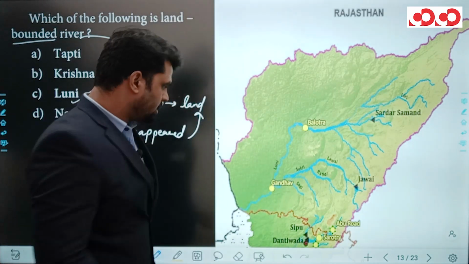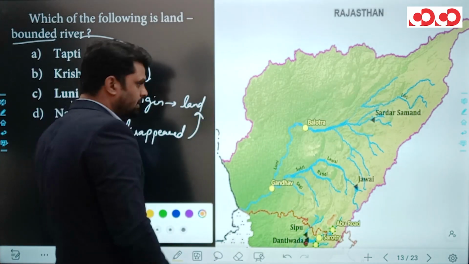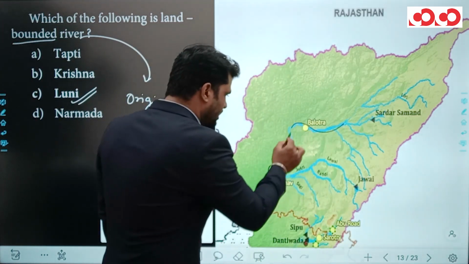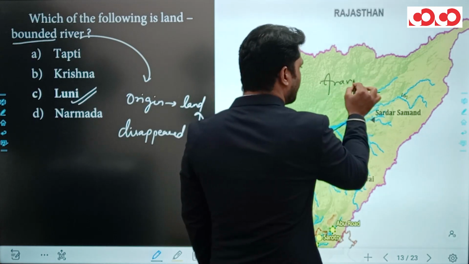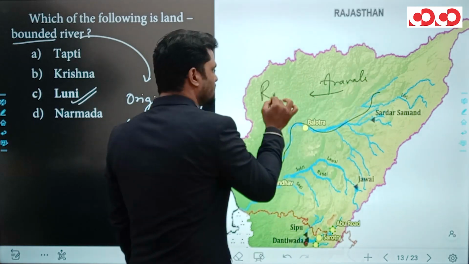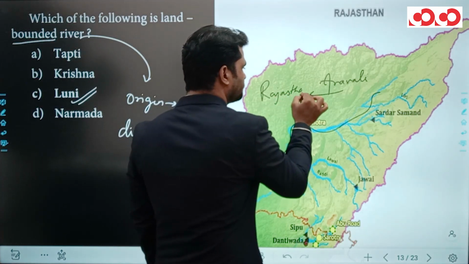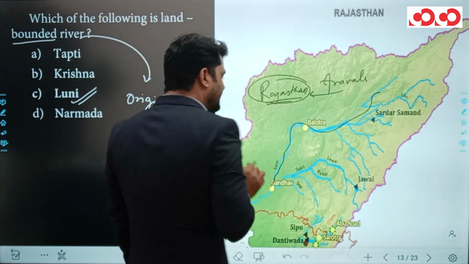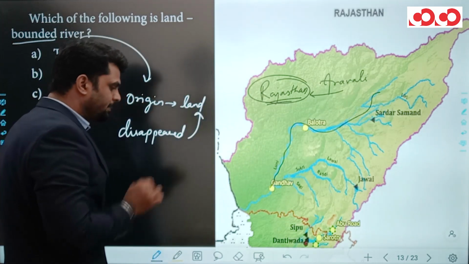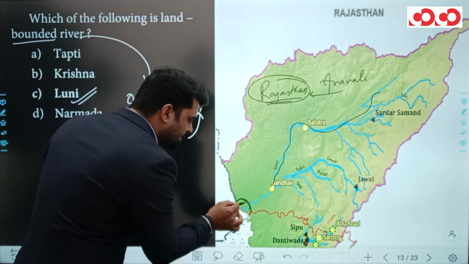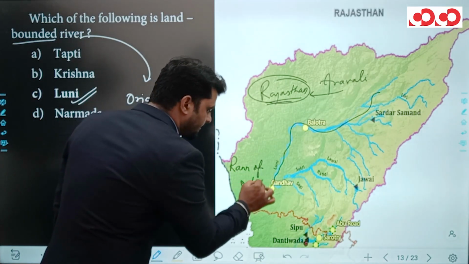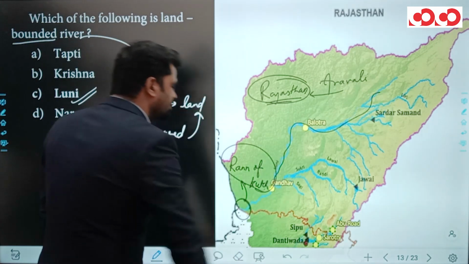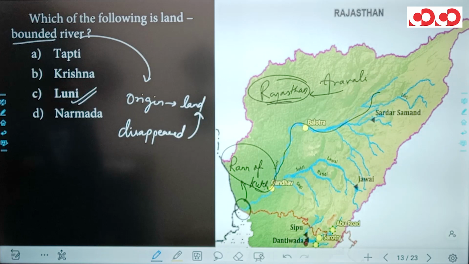You can see the river course of Luni in this image. Luni river originates from the Aravali of Rajasthan. After origin, it starts its journey towards the Arabian Sea, but it disappears in the Rann of Kutch. That's why Luni river is called a land bounded river.